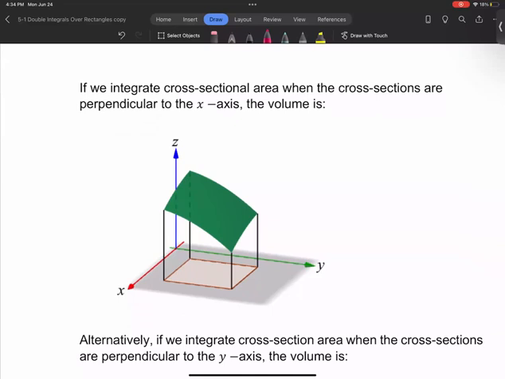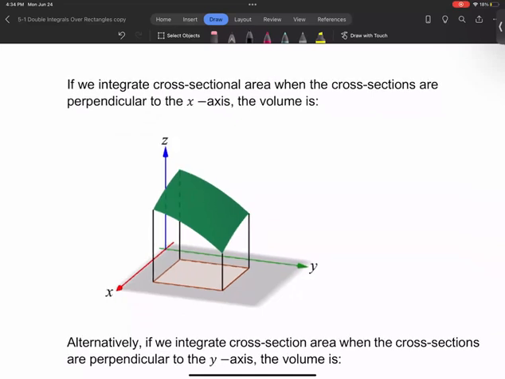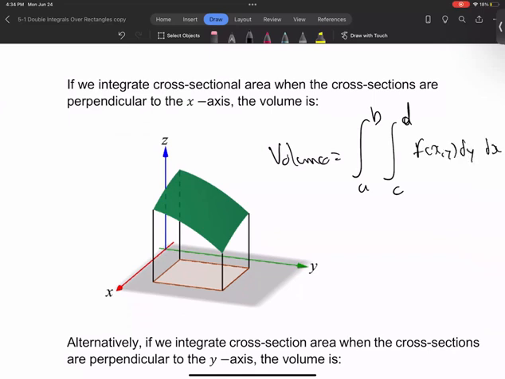Again, this is the volume. So to find the volume of this, the volume is the integral between A and B, integral of CD of f of xy dy dx. Okay.